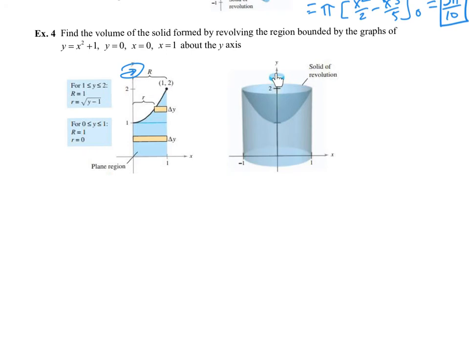Since we've rotated about the y-axis, we're going to have to integrate with respect to y. And so as we look at this shape from bottom to top, we're going to actually break it up into two shapes. There's this bottom cylinder, if you will. Let me see if I can kind of draw it over here so it would look something like this.